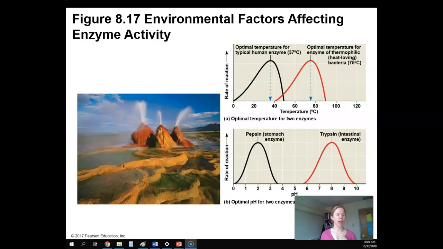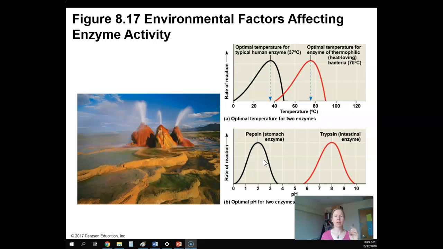Same thing, pH can have a major effect here. Your stomach is extremely acidic, with a low pH down around 2, and that is where the enzyme pepsin, which helps break down proteins, works super effectively. Trypsin, another proteolytic enzyme, works in the intestines, and it only works if the pH is much more alkaline.